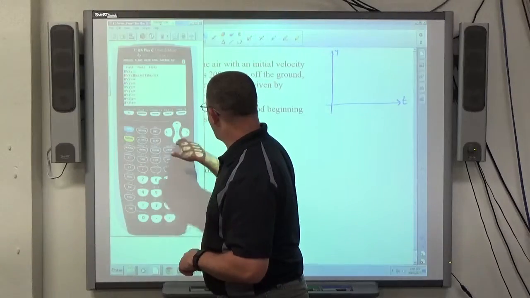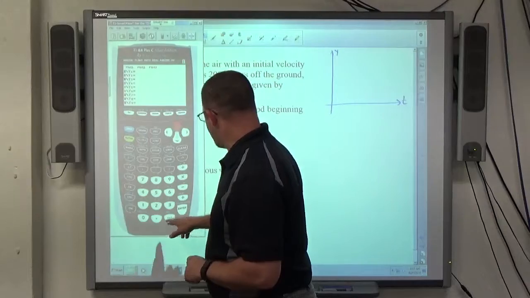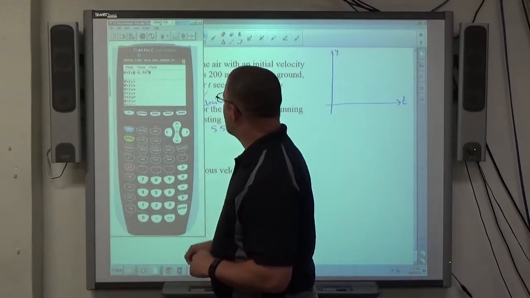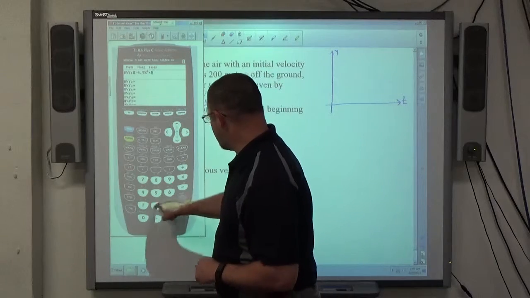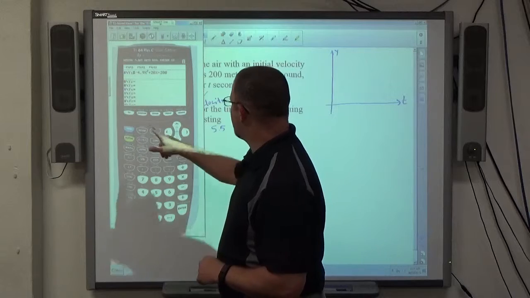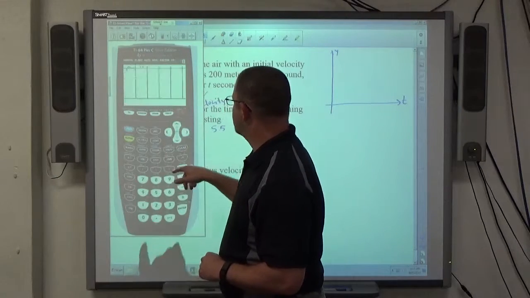So if we type in our equation, which was negative 4.9, I'm going to use x squared because my calculator doesn't understand t. Negative 4.9x squared plus 20x plus 200. And I'm just going to go straight to my table.